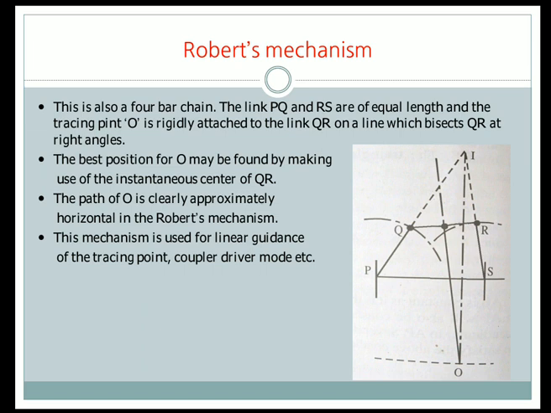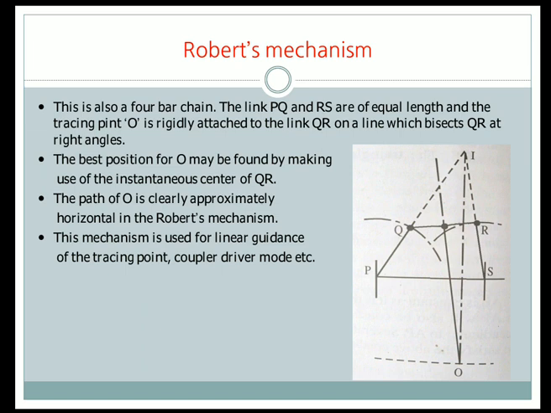Another link has one end at O and the other end at the center of link QR, which bisects the link QR at right angles as shown in figure.